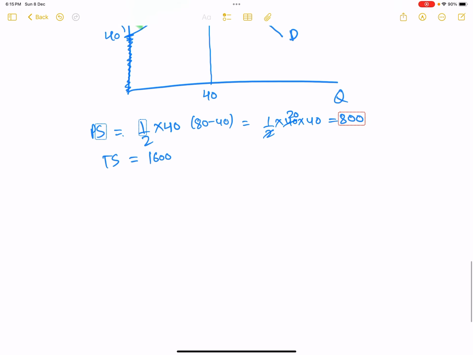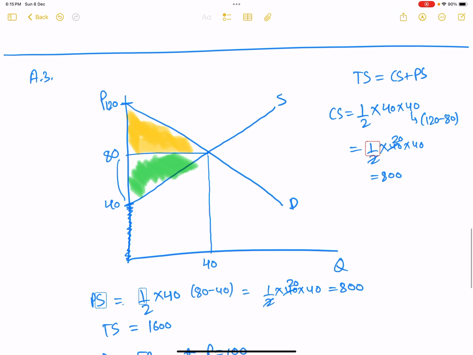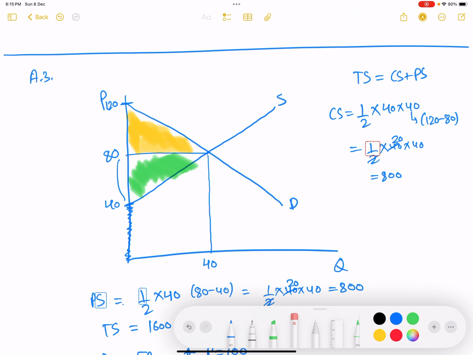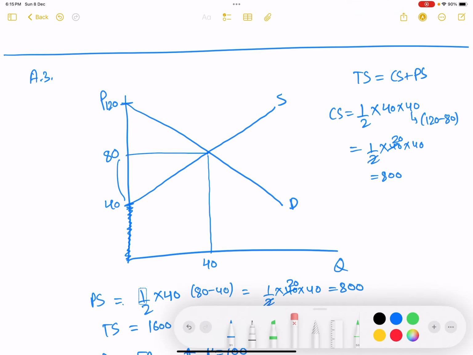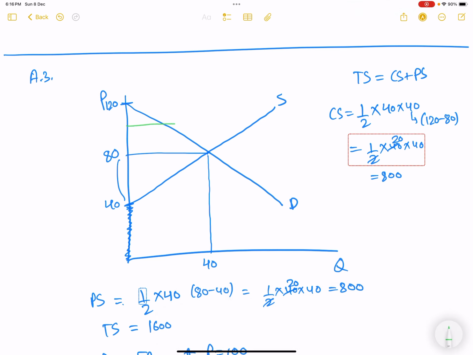Now we have the second part of the question, price floor at P equals 100. I'll draw with a different color, suppose green. Now they have set up a price floor at 100. We know from the graph itself the quantity demanded at 100 is 20, the quantity supplied is 60.